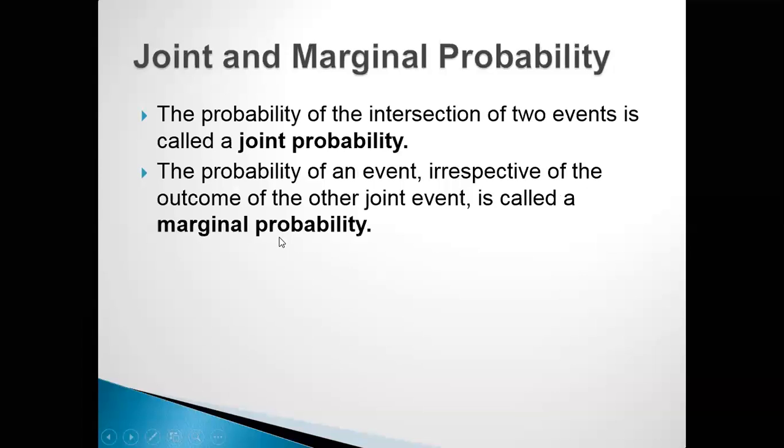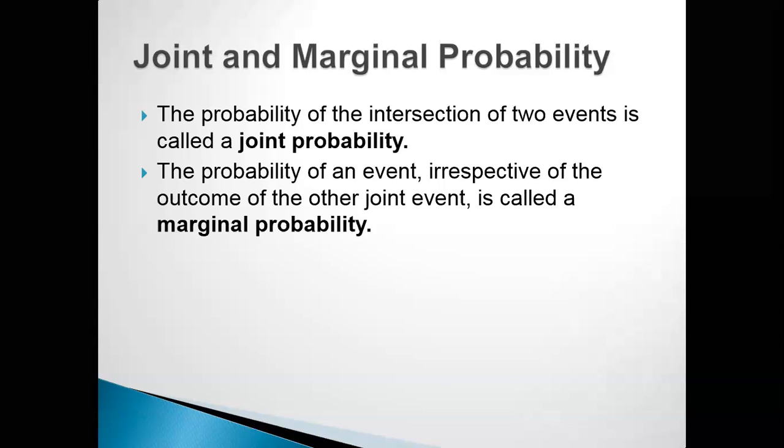Now we are going to discuss what joint and marginal probability are. The probability of the intersection of two events is called a joint probability, right? The probability of an event, irrespective of the outcome of the other joint event, is called marginal probability. So when the events happen simultaneously at the same time, and these two events have something common, then it's a joint probability.